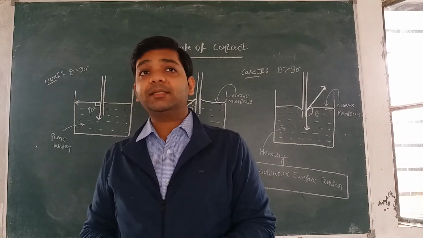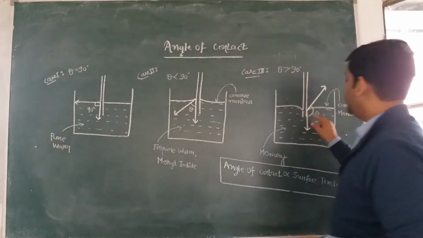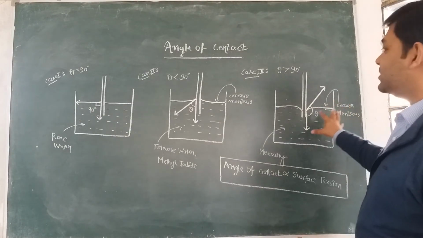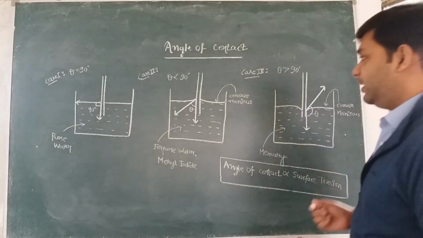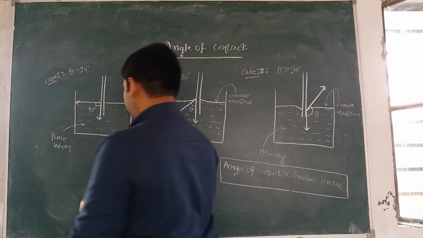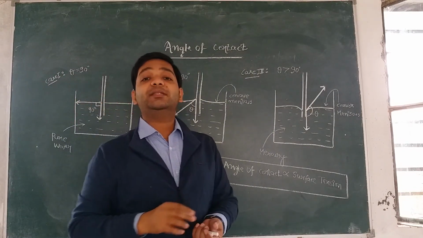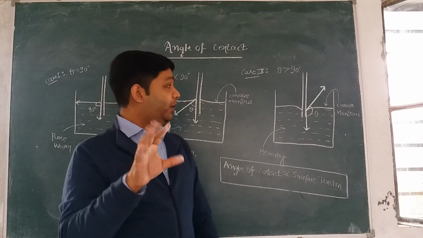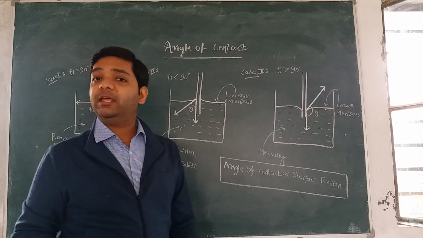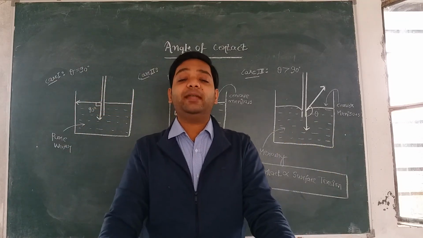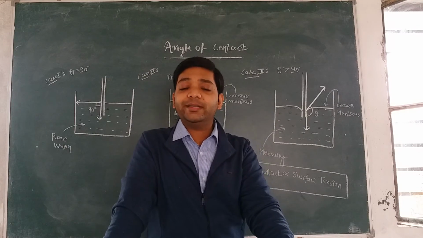Now let us discuss why we observe this shape, a convex meniscus here and a concave meniscus here. To find the reason behind this, you need to know the concept of cohesive and adhesive forces. We have already discussed what they are. What is a cohesive force?